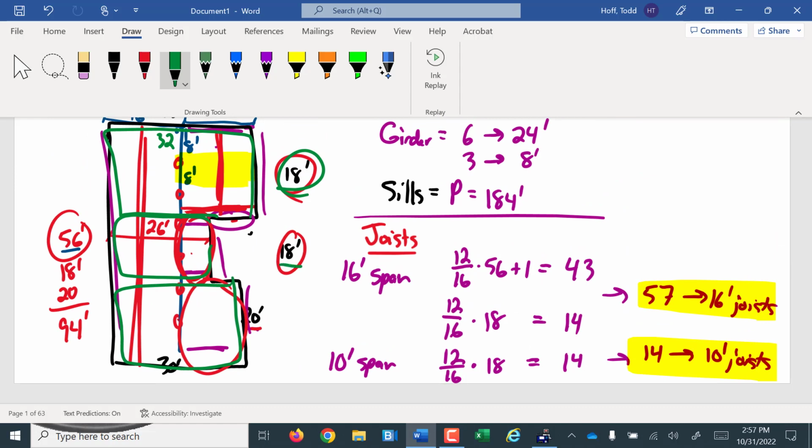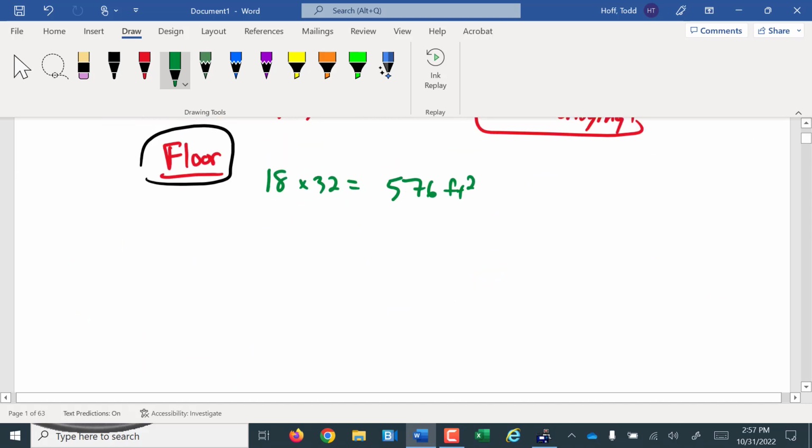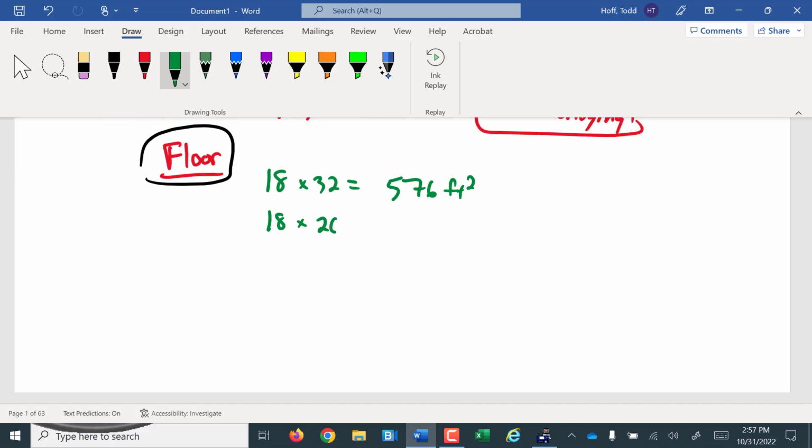This one here is 18 by 26. Which is, what, 468.